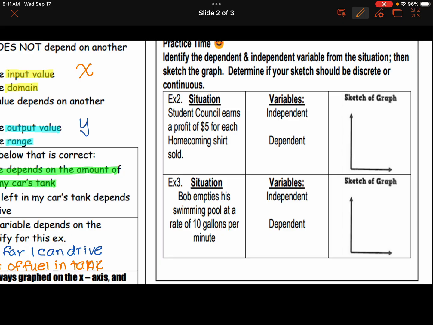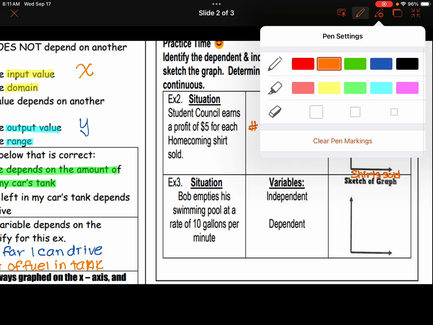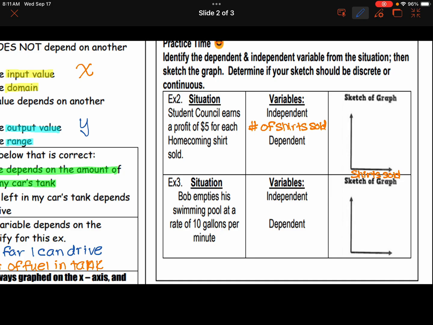So the independent variable is the number of shirts sold. So we're going to label the x-axis shirts sold. And the dependent variable would be that profit. So we will label the y-axis profit.